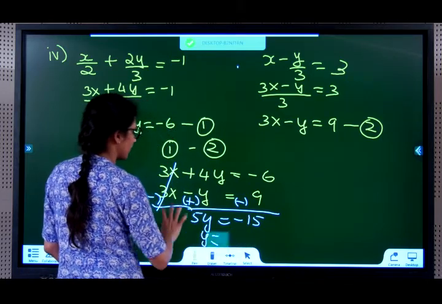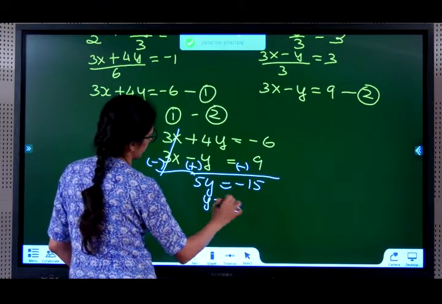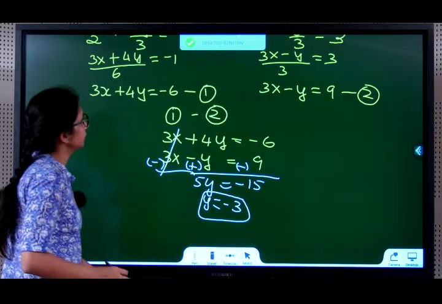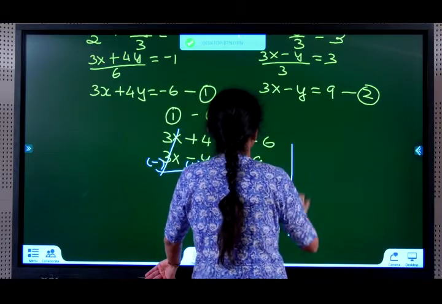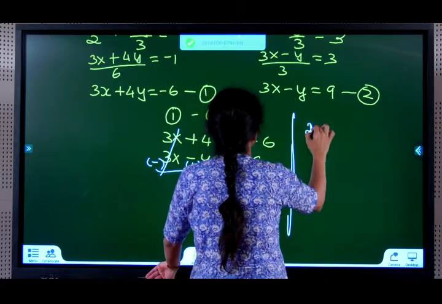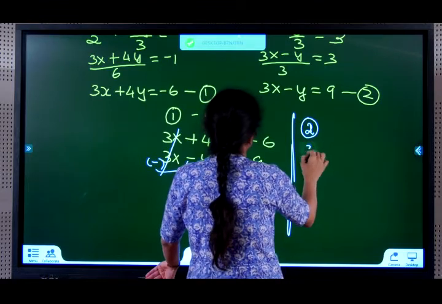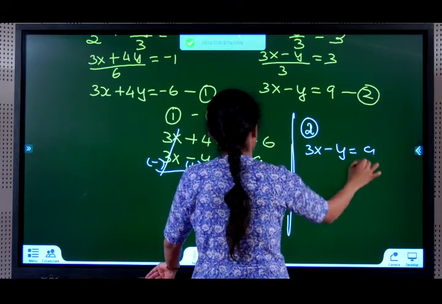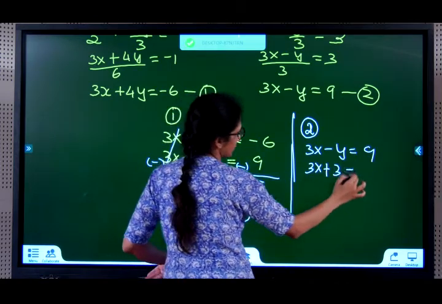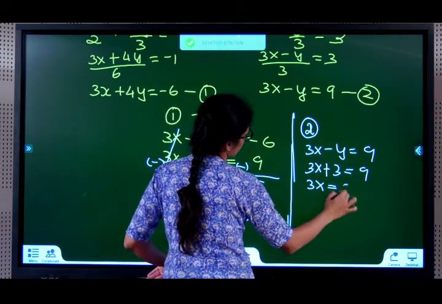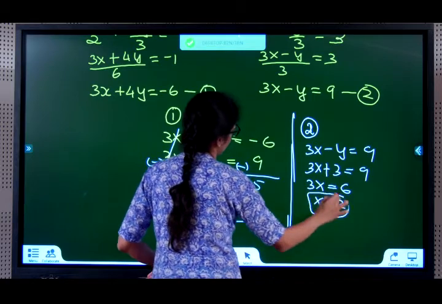Y is equal to minus 15 by 5, y is equal to minus 3. You can use any equation to get the value of x. So let's use equation 2. 3x minus y is equal to 9. 3x minus of minus 3, so plus 3 equals 9. 3x equals 6. X is equal to 2.